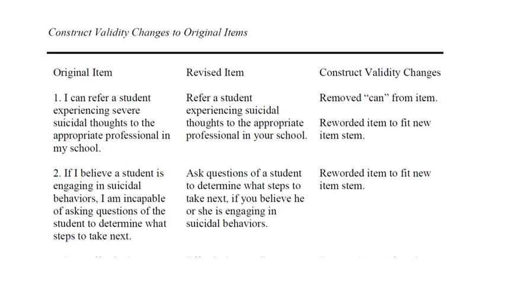And the same thing happened with the second item, and I did this for all of the items on my measure. When I did the self-efficacy construct, I actually had the professionals for self-efficacy do this first, and then I contacted my suicide experts after I established the construct validity of this measure.